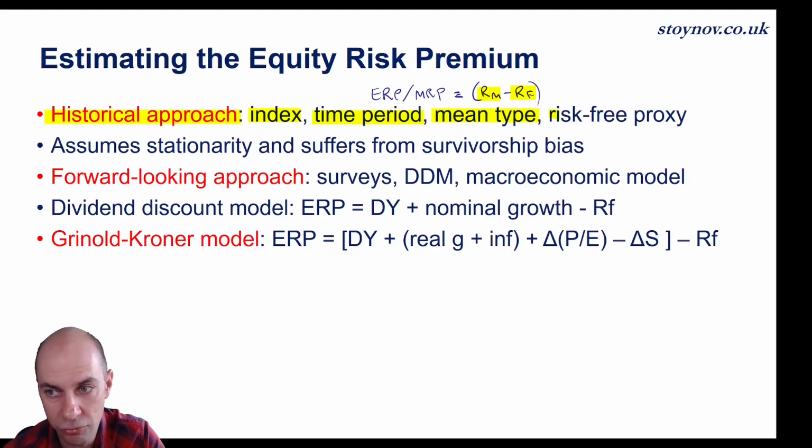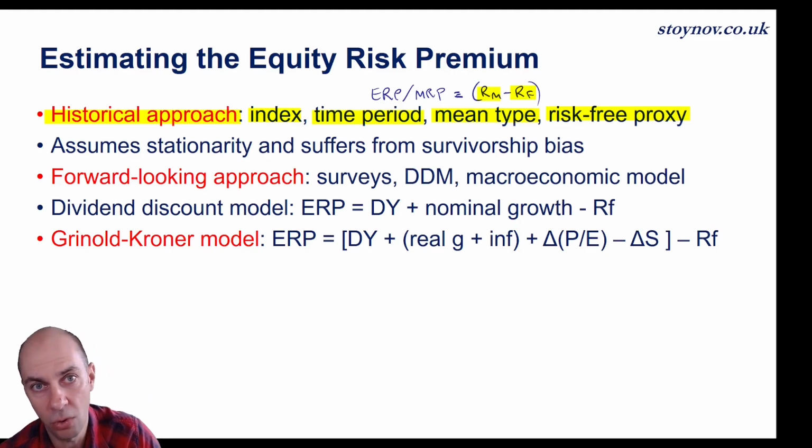And then risk-free proxy. How do we define the risk-free rate? Now, traditionally, we've always said the US Treasury is the risk-free asset. Okay, we're not going to debate this just now, but even if we are all agreed that the US Treasury is the risk-free asset, should I use the 3-month Treasury or the 30-year Treasury?